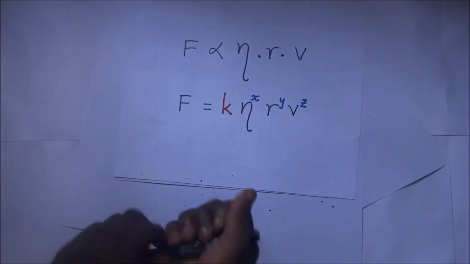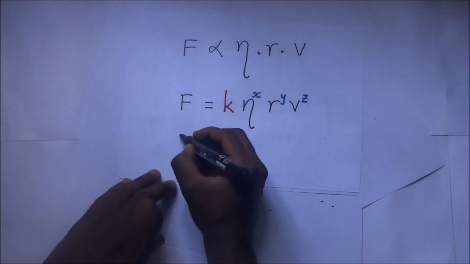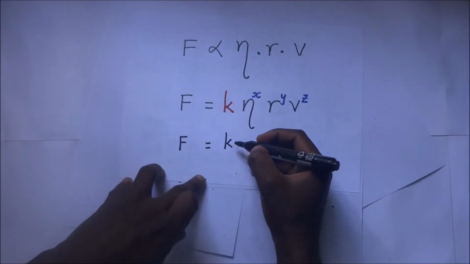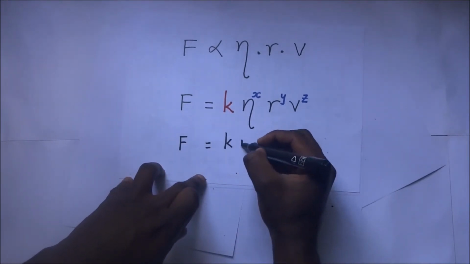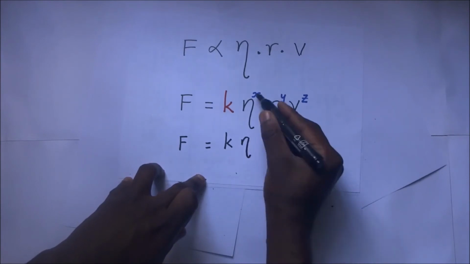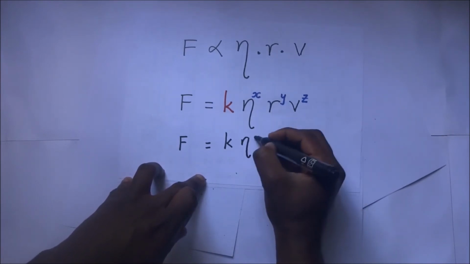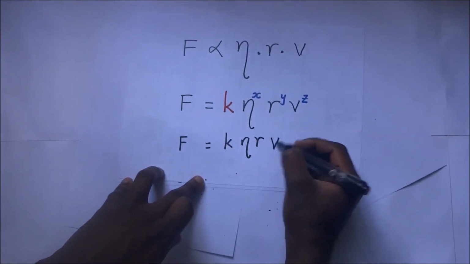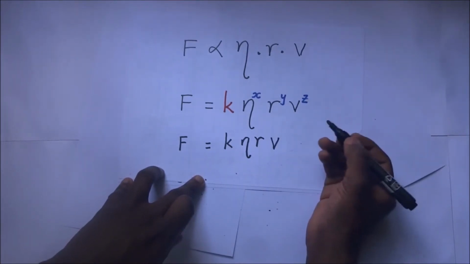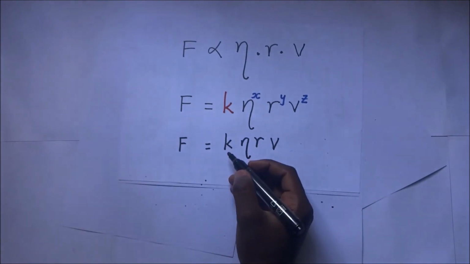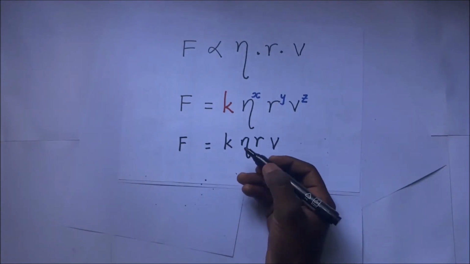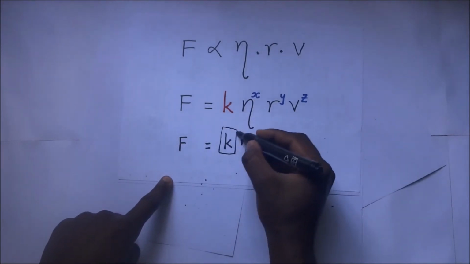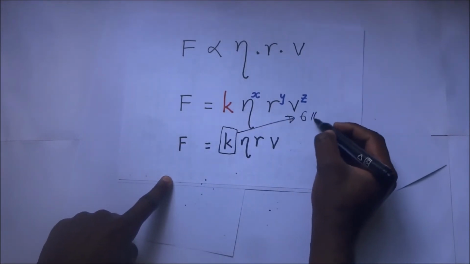So that expression becomes the viscous drag F, therefore, is going to be equal to the dimensionless constant times the coefficient of viscosity to the power x, which is 1, times r, whose index is 1, times v, still to the power 1. And according to experimental observations, it was found that the value of k, this constant, is equal to 6 pi.